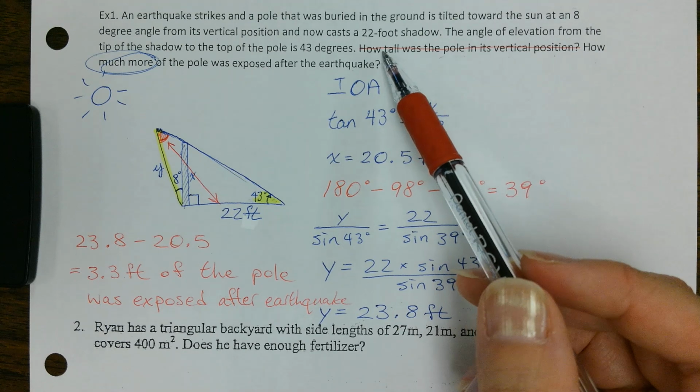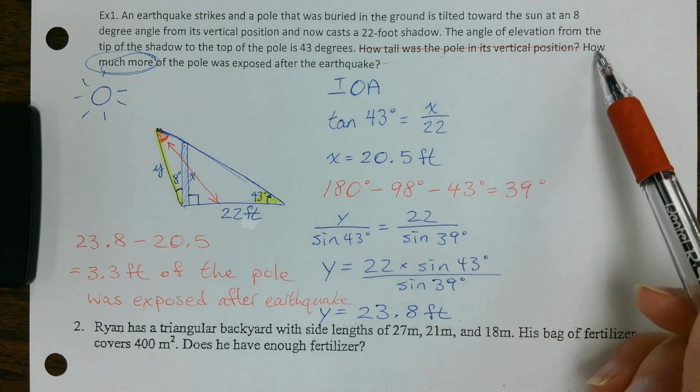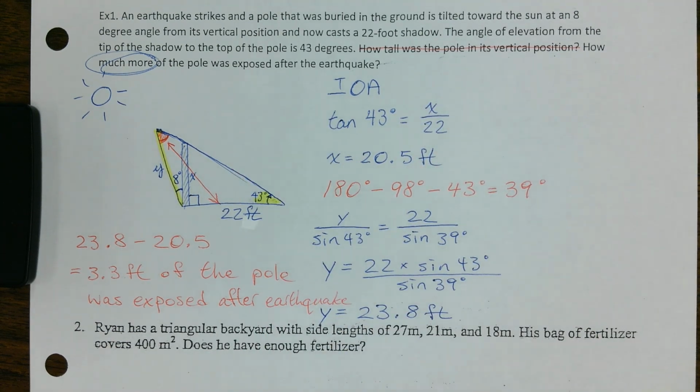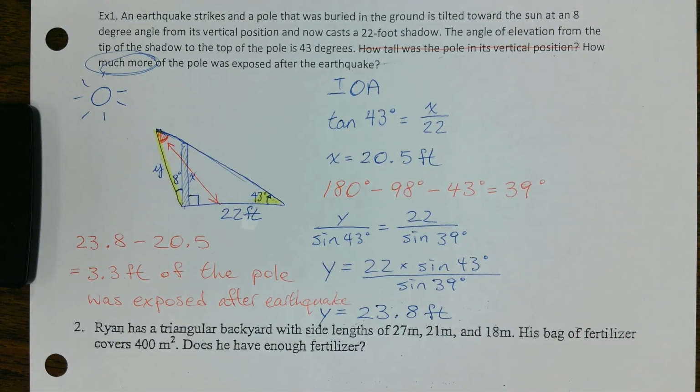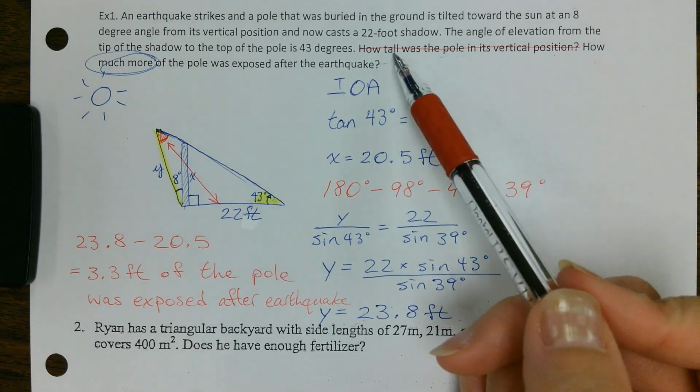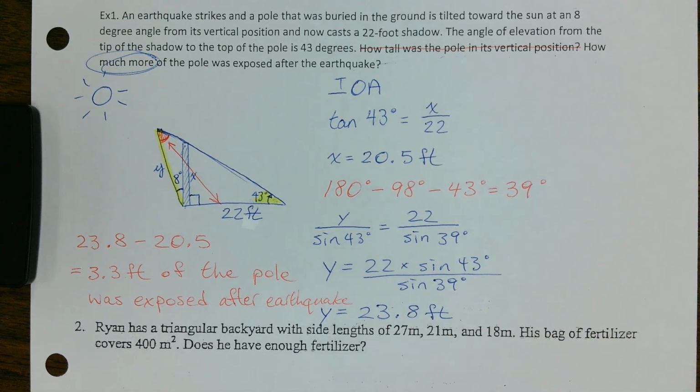But in grade 11M, I won't even ask that. I will just ask how much more of the pole was exposed after the earthquake. And then that implies you still have to do all this. All right, so you see the difference between grade 10 and grade 11? Same question, but this one you were given a little hint.